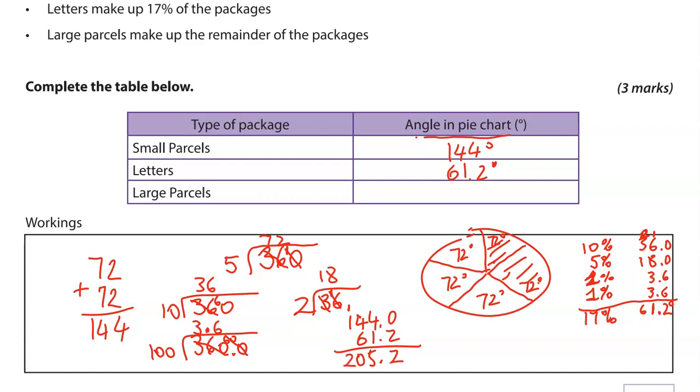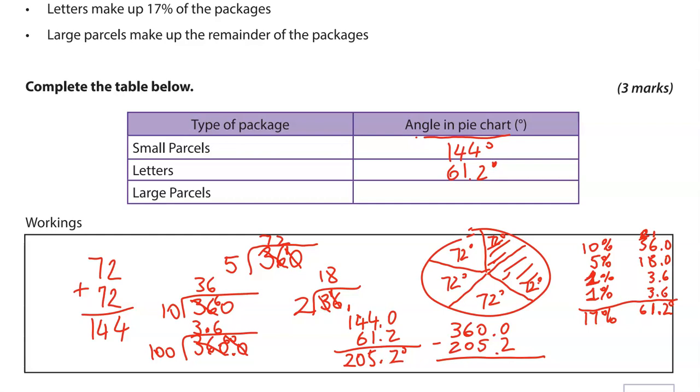So 205.2 degrees make up small parcels and letters. If I take that away from 360, it should give me what large parcels are represented by. So take away 205.2. We can put 0.0 here.